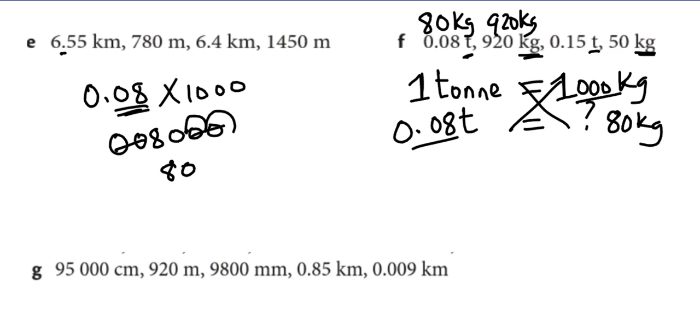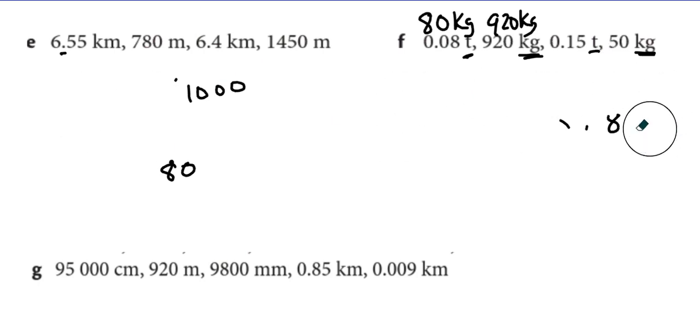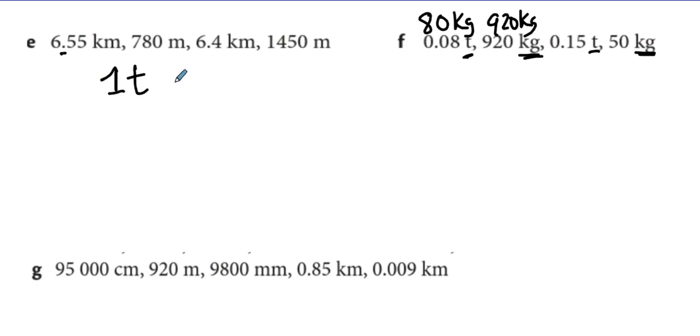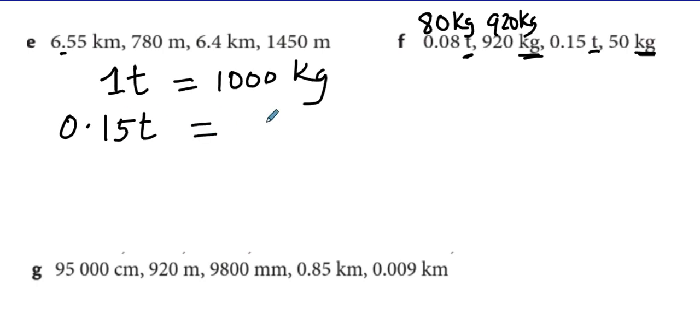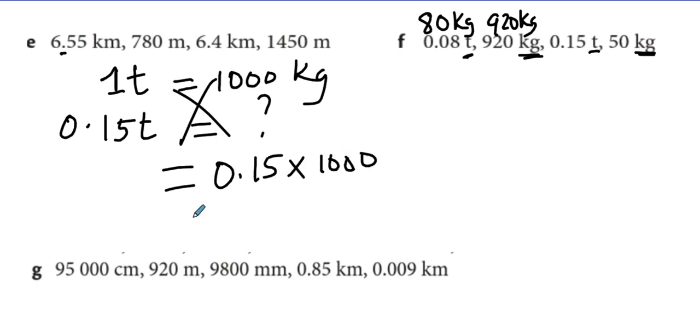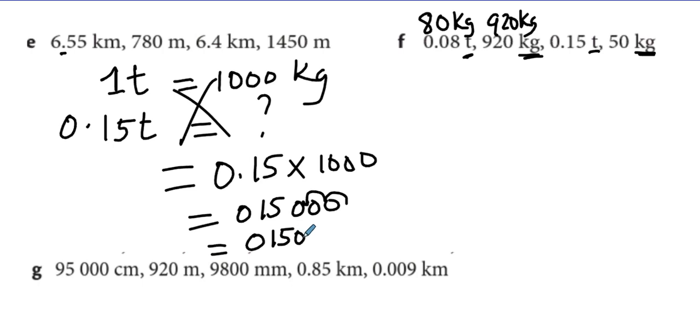0.15 ton, convert that into kilograms. So the conversion factor is 1 ton equals 1,000 kg. How about 0.15 ton, it will be equal to how much? Cross multiply. This will be 0.15 multiplied by 1,000, and this will be 15000, which will be 1, 2 decimal places, 1, 2 numbers from the right, and the answer will be 150.00.